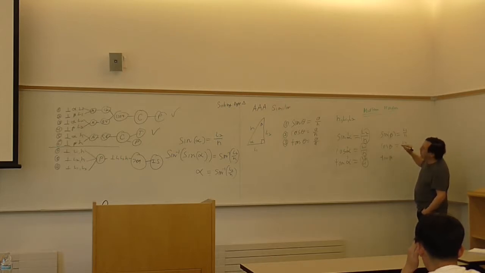Do we know beta? No, we don't know beta. So the tangent of beta is L1 over L2. Okay, so again, we know all of these, we don't know beta.